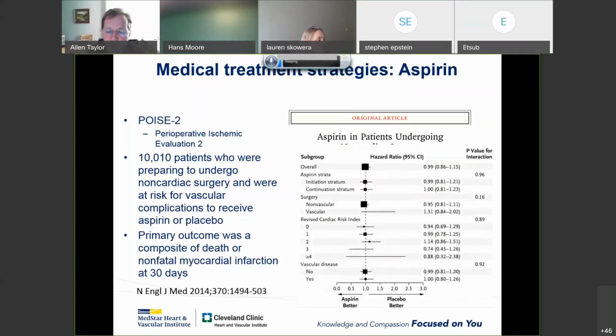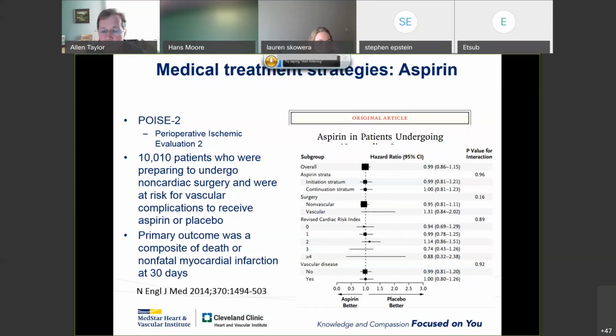And if one looks at it in more detail, for instance, looking across RCRI strata, you see here in this forest plot the overall effect of aspirin versus placebo. Interestingly, in POISE 2, there were 2 strata: patients who had aspirin initiated and patients who had aspirin continued. In fact, there was neither a benefit nor a harm of continuing aspirin in terms of the primary endpoint, nor was there any benefit or net harm seen in initiating aspirin, except there was increased bleeding across all patients on aspirin.